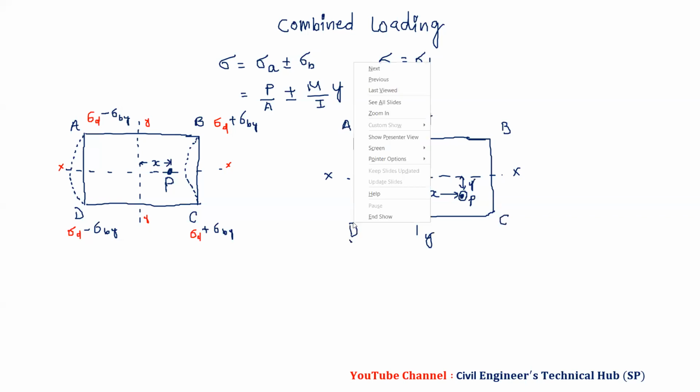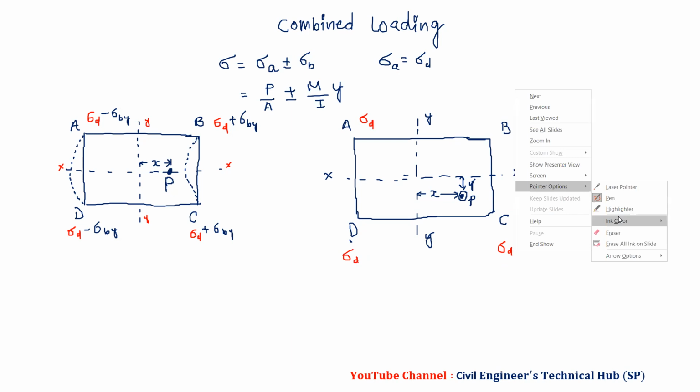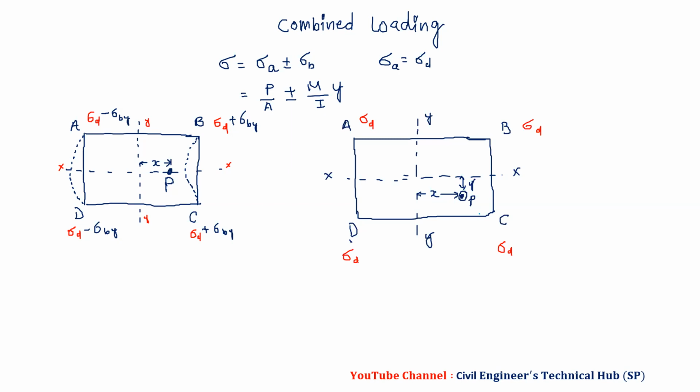Now we know we have sigma D, the same for all, so I will write sigma D at each corner. Now we first consider sigma Bx. That is due to the bending moment about X, which is P into Y. When we have bending moment about XX and the column is near D and C, this will be plus sigma Bx, plus sigma Bx.